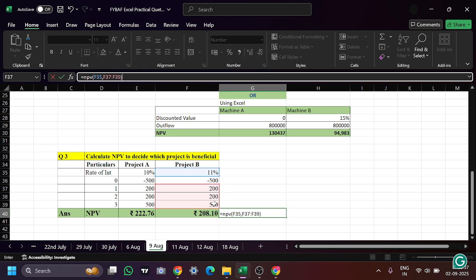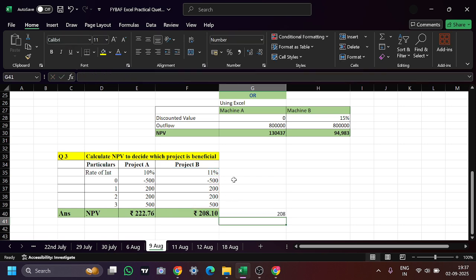The value mentioned is in negative, so we should take a positive symbol over here, write the value, enter, you will get the value. I hope the things are clear. Now you will notice over here we have 0.10 as a value. If you want you can increase the decimals over here. You can increase the decimals for the values.